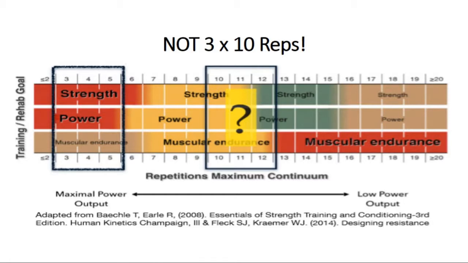Now, there is a time to do 3 sets of 10. But when you're learning, we must appreciate that if we want strength, we've got to make sure we're lifting heavy enough, and if we want endurance, we must make sure we're light enough. We must try and push the patient towards muscular failure in order to create the overload.